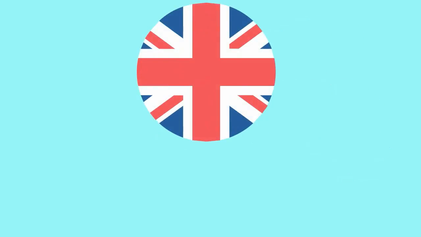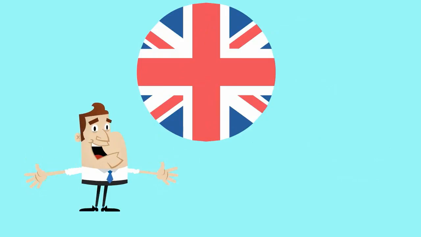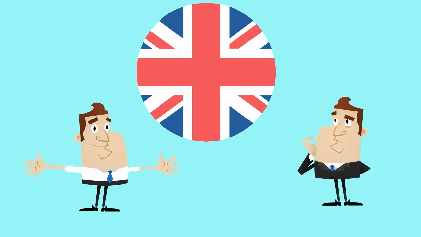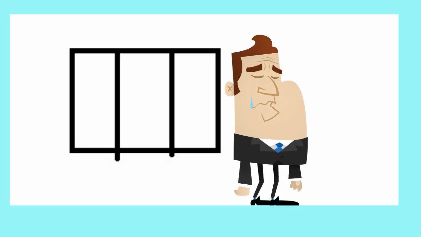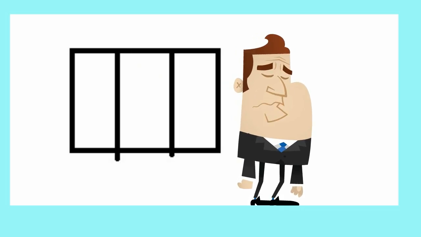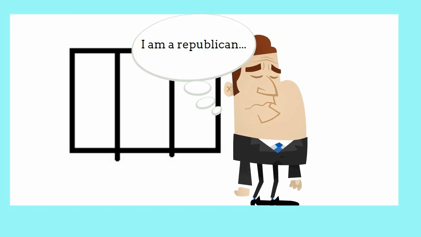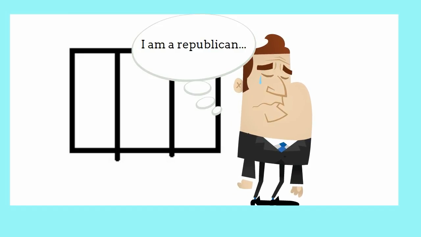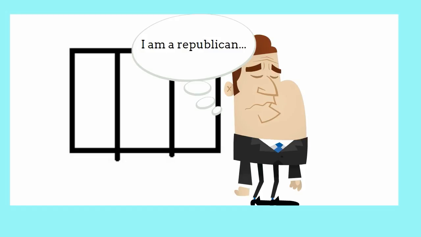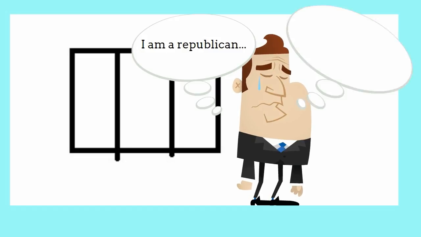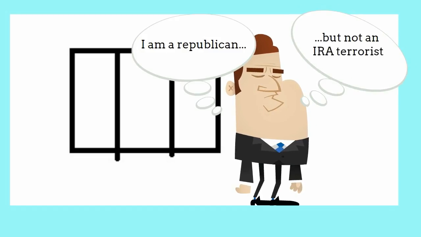In stable democracies like the UK, it's tempting to take the rule of law for granted and assume that the state always follows the rule of law. However, even in the UK, the rule of law has sometimes been ignored. In Northern Ireland, between 1971 and 1975, which was a period of intense terrorist activity, hundreds of suspected terrorists were held in custody for lengthy periods without being charged with a criminal offence.